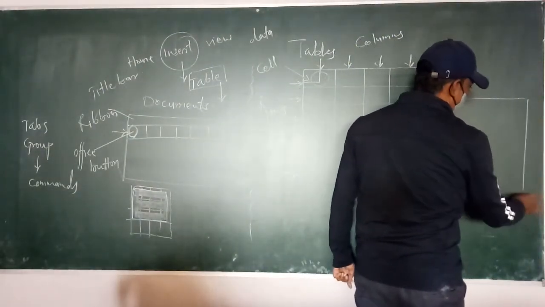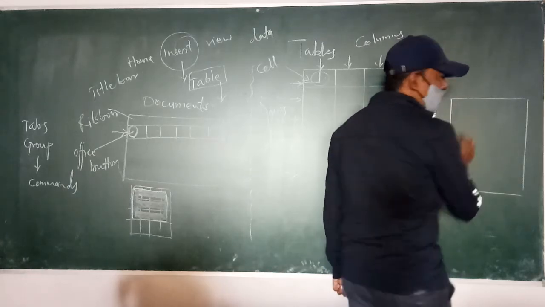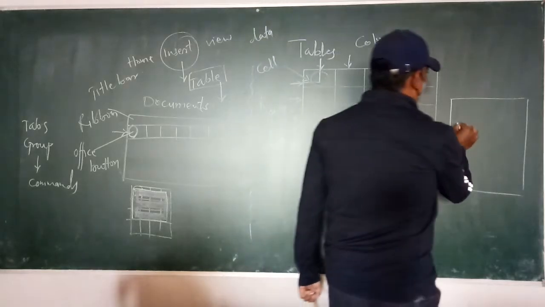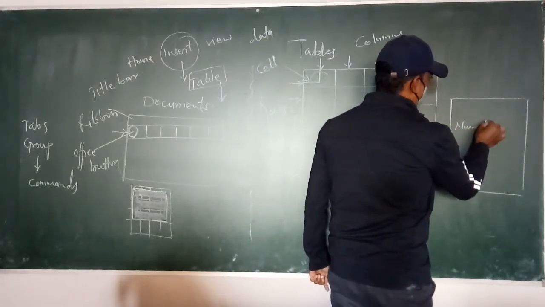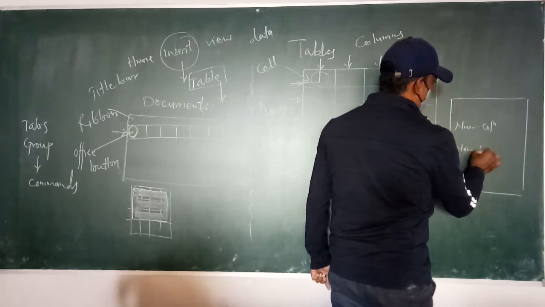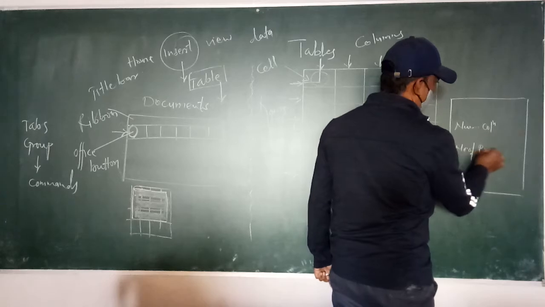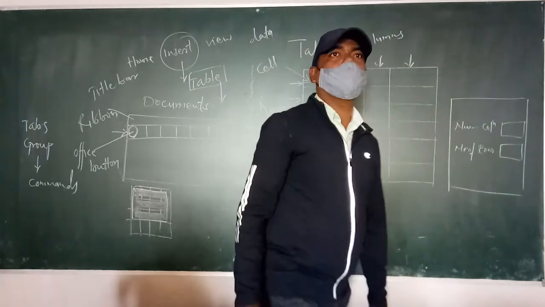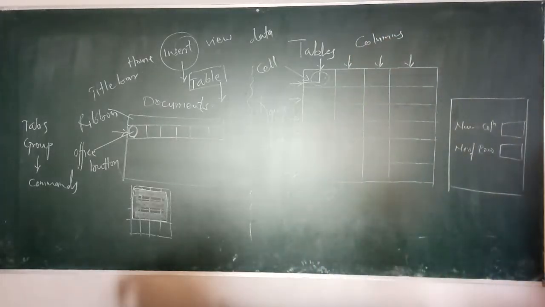Okay. Now the next option in Insert Table: one window will open. In this window, you have to give the number of columns and the number of rows. In this box you define the number of rows and columns you want to insert.